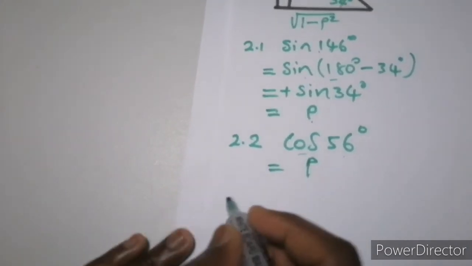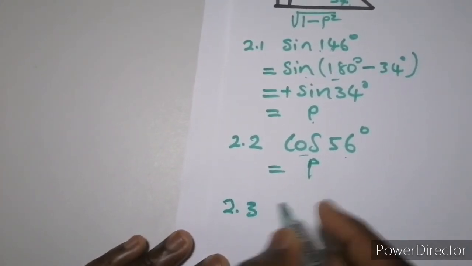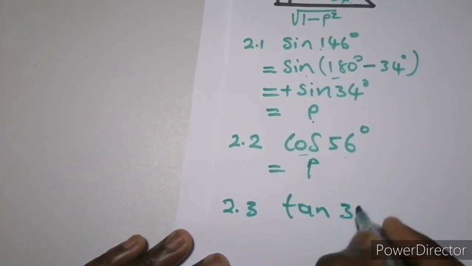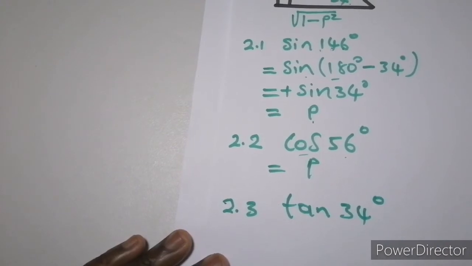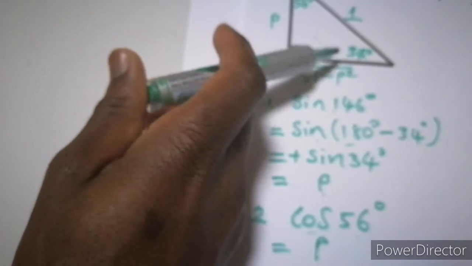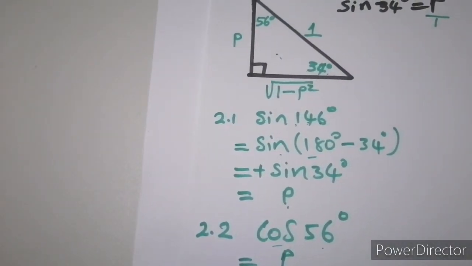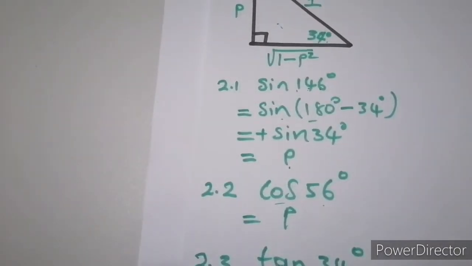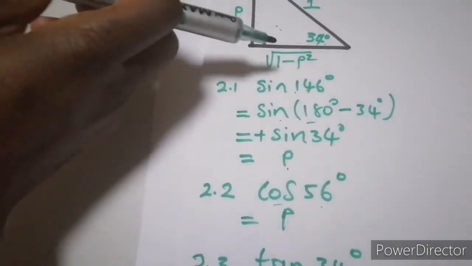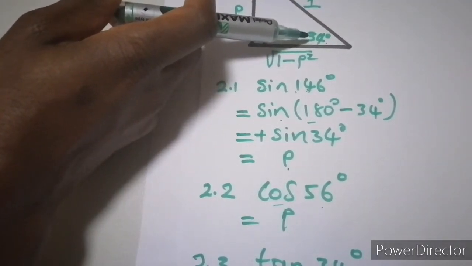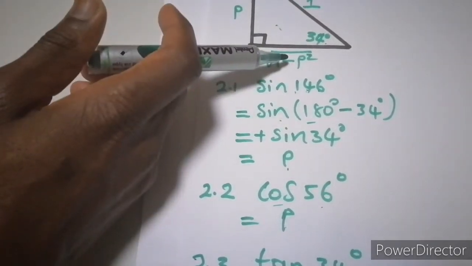Now, the last question, 2.3. The tangent of 34 degrees. Right, already we have 34 degrees there. Now, what we're going to do is to find the ratio of the tangent of 34 degrees, which is opposite divided by adjacent.